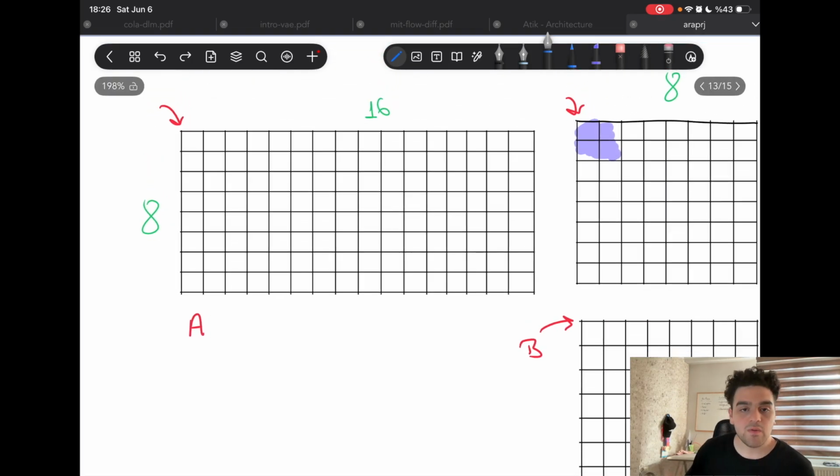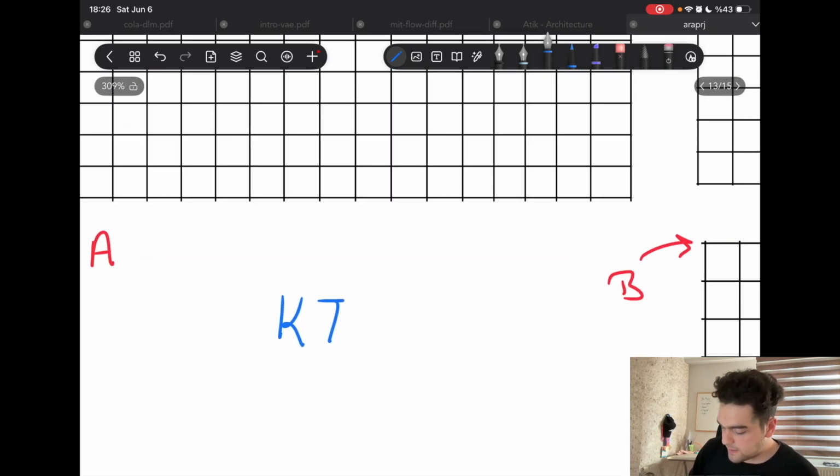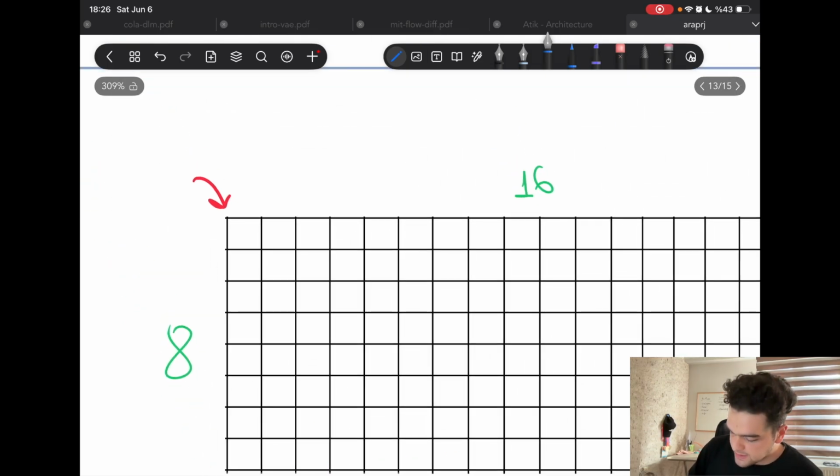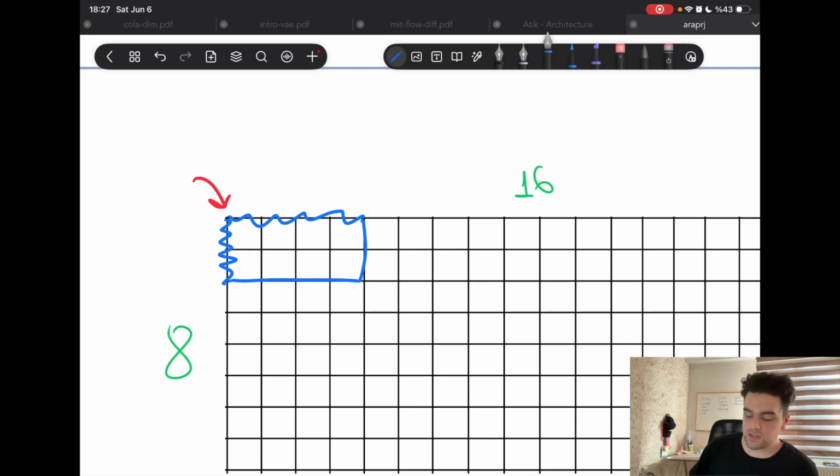So as an example of caching, we can say that we are storing KT amount of data in our cache, and what that means is if KT is equal to 4, for example, what we are storing is up to here. Because we have a 2 by 2 mesh, we will store just these rows, and up to 4 more columns is what we're going to store in the cache, and this will be our A cache.